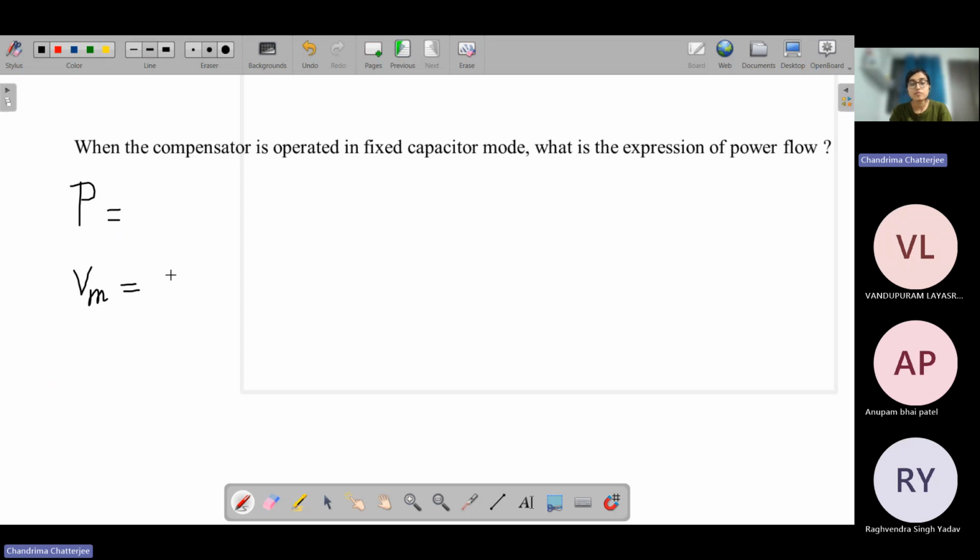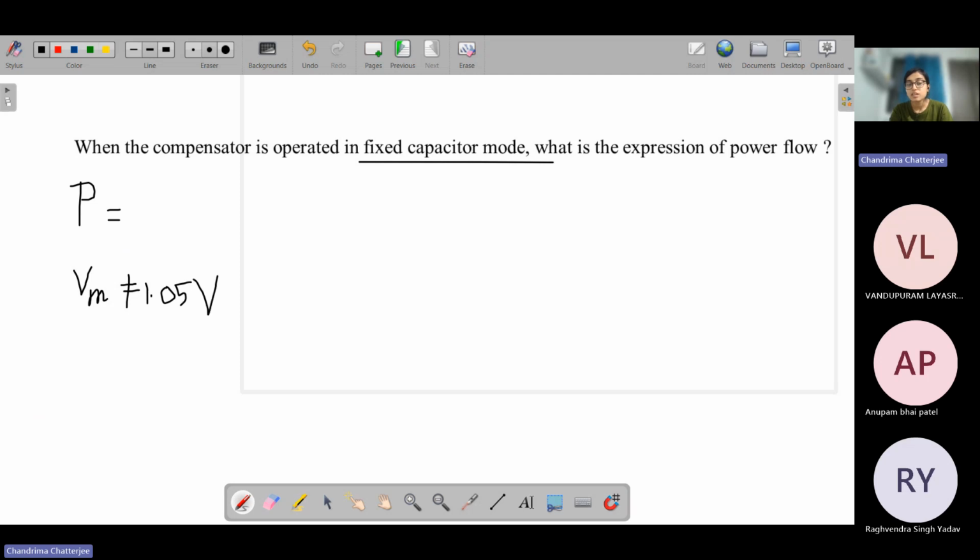Why do we have to find out the VM separately? Because now they have specified that we are operating in fixed capacitor mode. And whenever you are operating in fixed capacitor mode, VM is no longer 1.05 VM. You can't take this, okay?